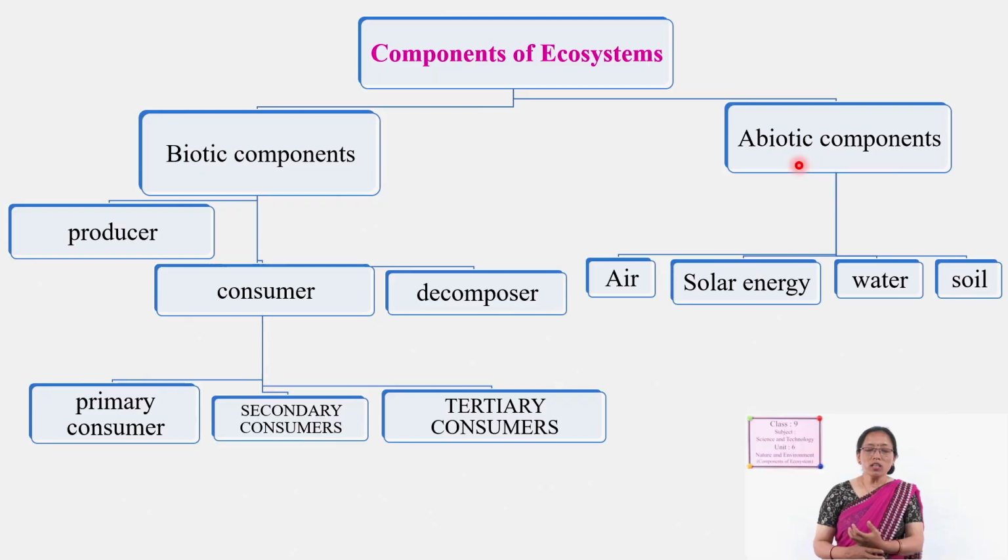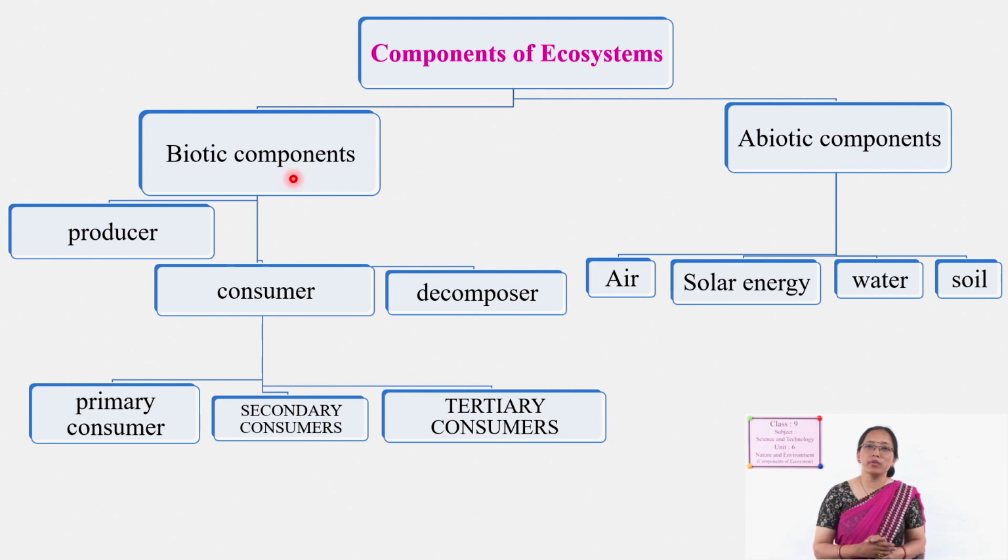So all components which possess life come under biotic component. And those which do not possess life are the physical components. All the non-living things or physical components present in the surrounding or environment are called abiotic components.